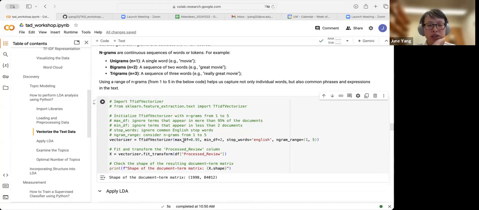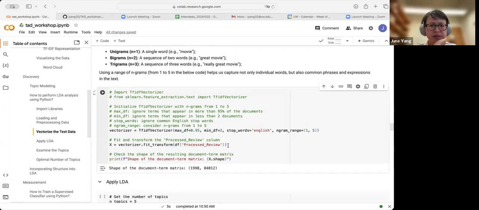And then I also want to set a cap to ignore terms that appear in more than 95% of the documents, and also ignore terms that appear in fewer than 2 documents, right? So these are all ways that we could control how we want to confine our vectorizer.